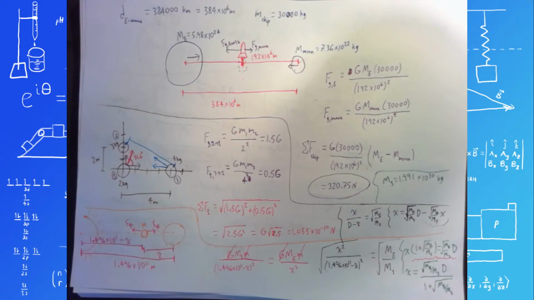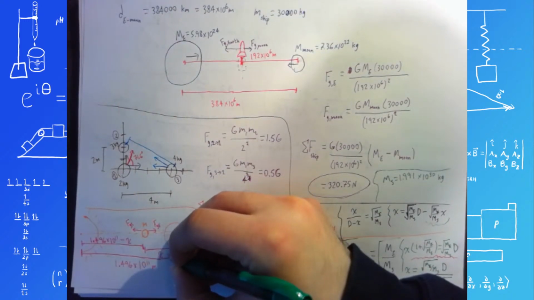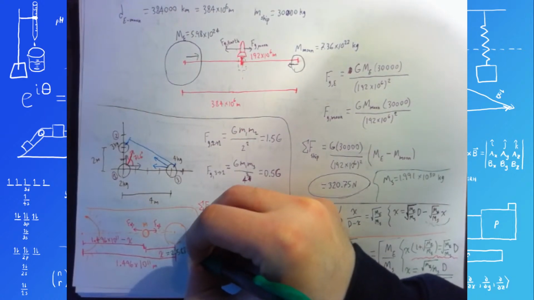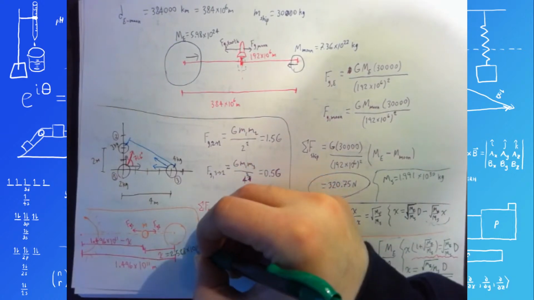I guess I didn't really need the parentheses there, unless your calculator does what mine does, which is when you switch it to scientific mode, it puts it times 10 to the 0, which I think is unnecessary, but okay. And I'm getting, overall, x equals 2.588 times 10 to the 8 meters.